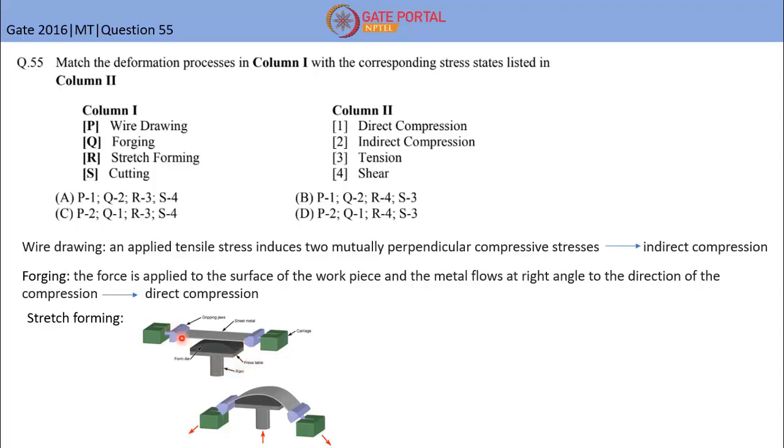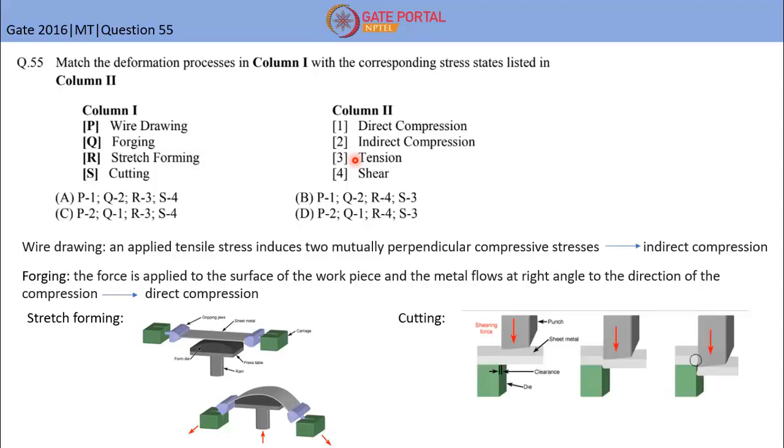So what is usually done is we pull these two and we pull these two also, and the ram also. So you can see this is stretching the plate or sheet, and the ram is also stretching it more. So this is a type of tension, in this sheet tension will be there. So R will be 3.